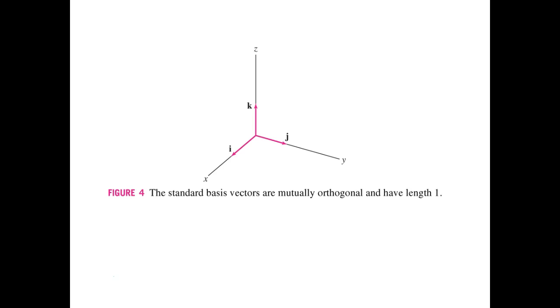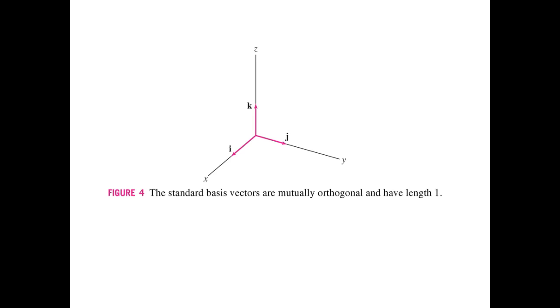This is for the Cartesian space, not spherical coordinates or cylindrical coordinates, but rectangular coordinates. These are your standard basis. They are mutually orthogonal. They are unit vectors, meaning they have a length of 1, and therefore their dot products had better be 0.